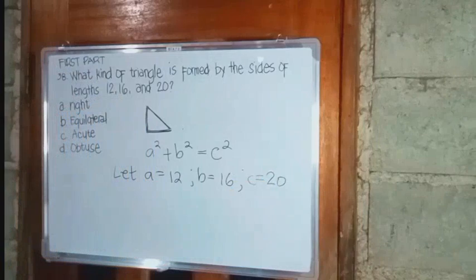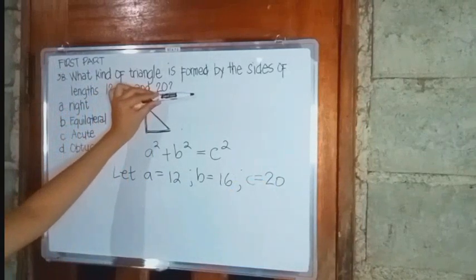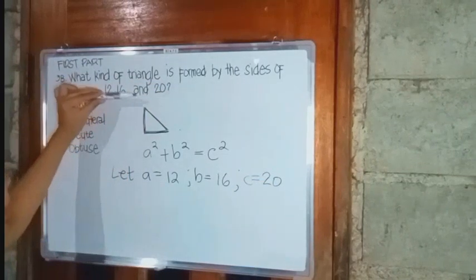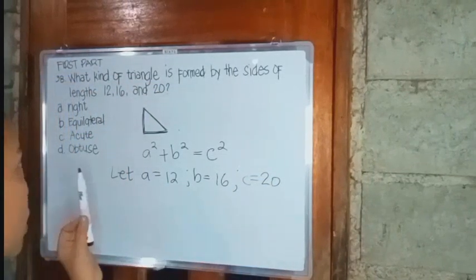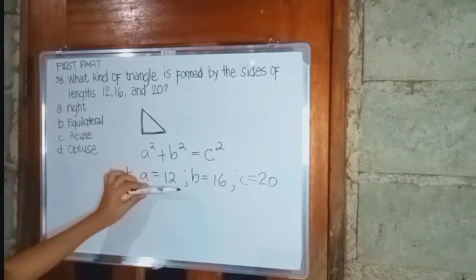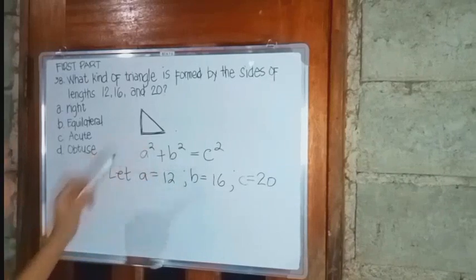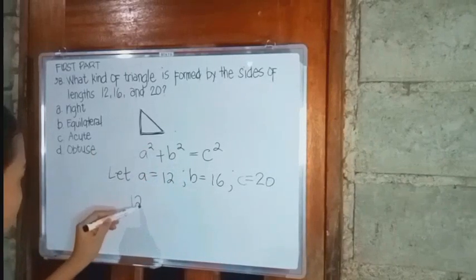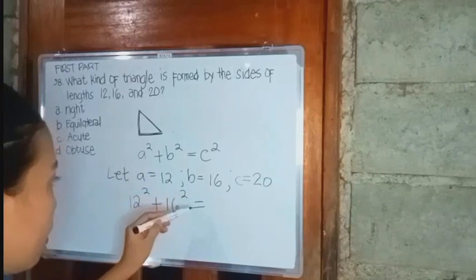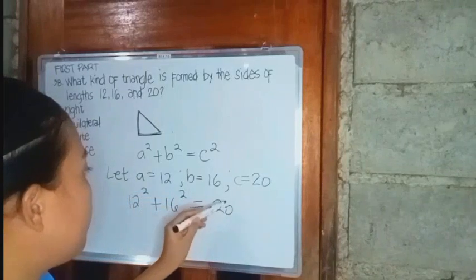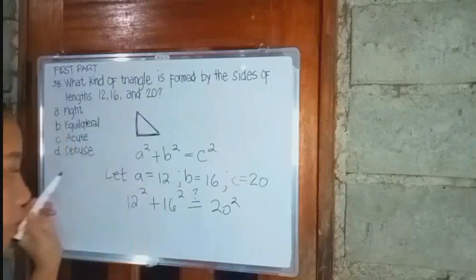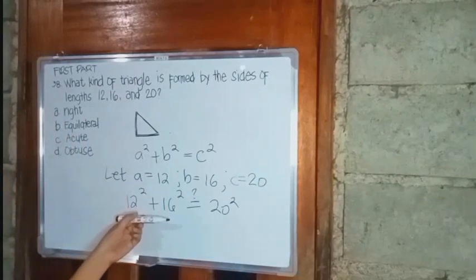By inspection, we can say that this length is the hypotenuse since 20 is greater than 12 and 16, because the hypotenuse is always greater than the legs. Now we can substitute these values to the formula. So 12 squared plus 16 squared equals 20 squared? We have to prove if this is really true.